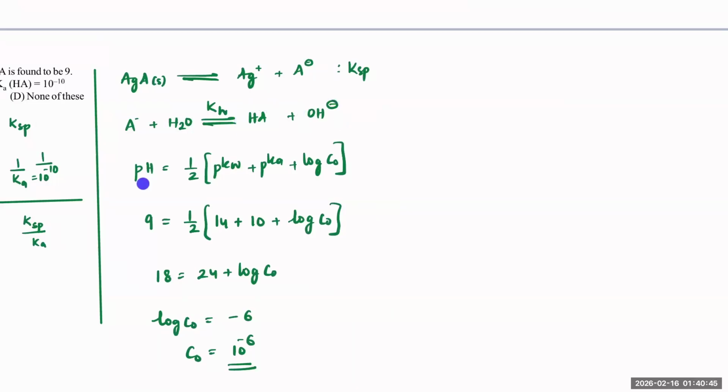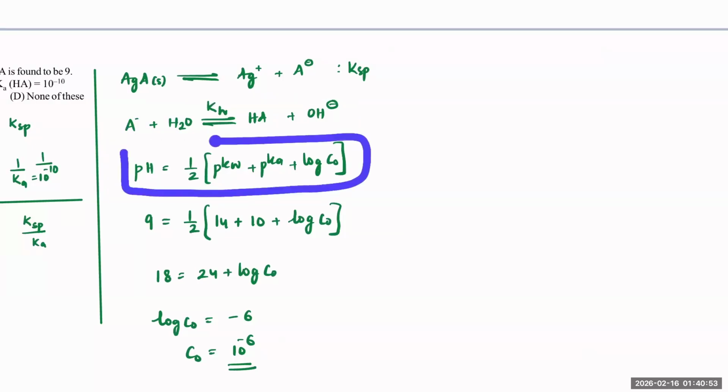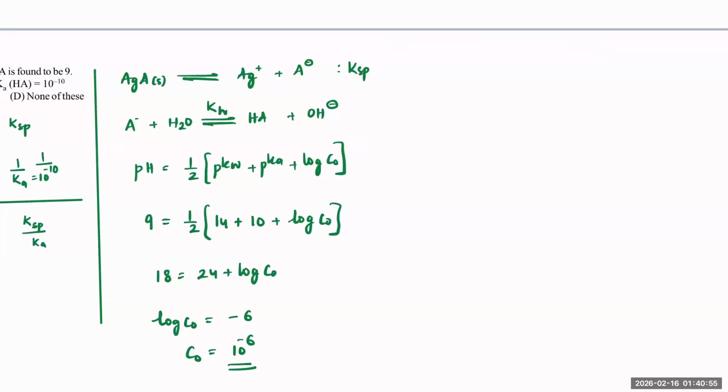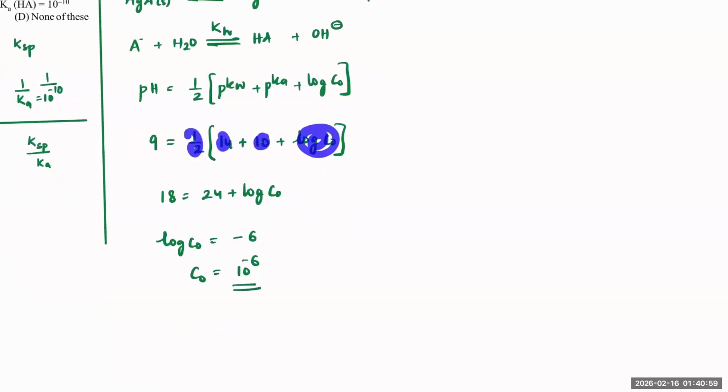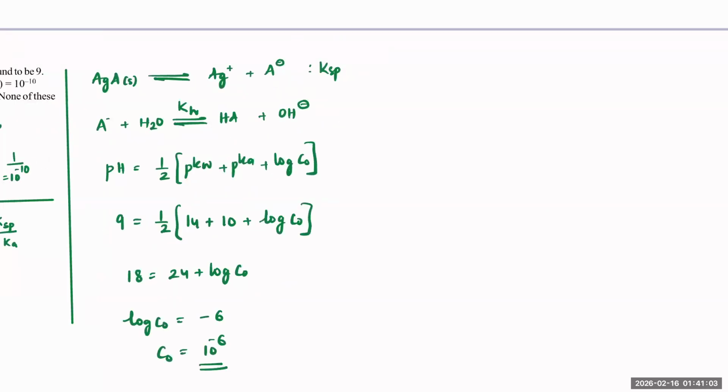And from there, I can say pH value of a salt hydrolysis. We know that because it is coming from a weak acid, the pH formula is this one. So use that half of 14 plus pKa plus log of C naught. And from there, we'll get what is the C naught value. That is the concentration of A minus, how much it is. So you know that A minus concentration is 10 raised to power of minus 6.